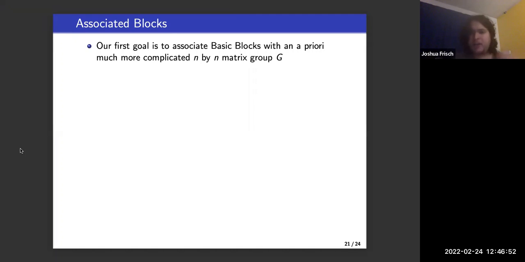If you start trying to understand what they look like, you pretty quickly get into some technical weeds. 2 by 2 matrices are much more reasonable to compute with. They're much simpler. They're much more concrete objects to actually touch. These n by n ones are pretty complicated. So our first thing is we're going to try and figure out a way to get from n by n matrices to 2 by 2 matrices.